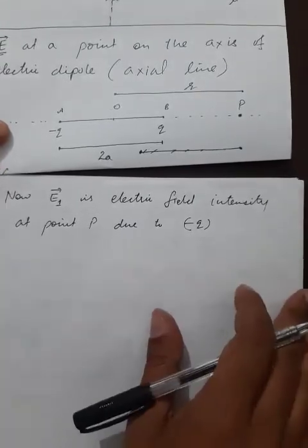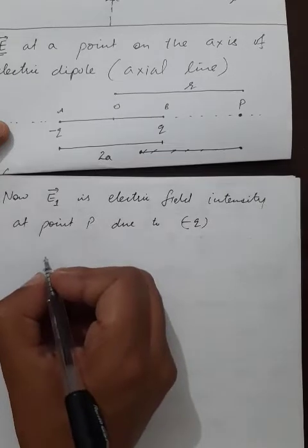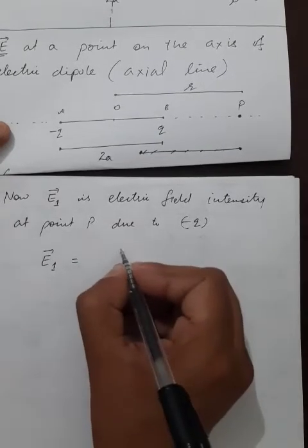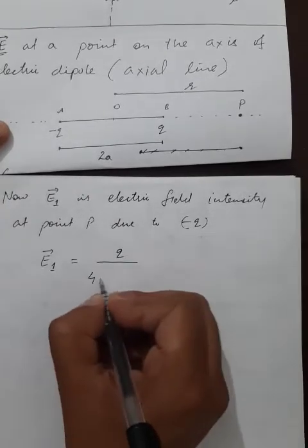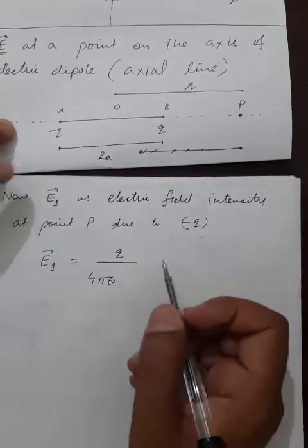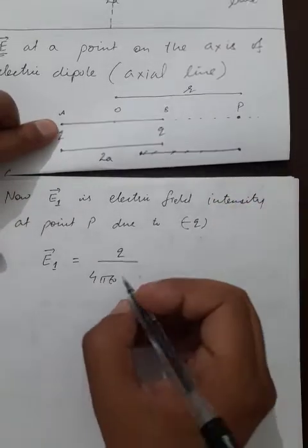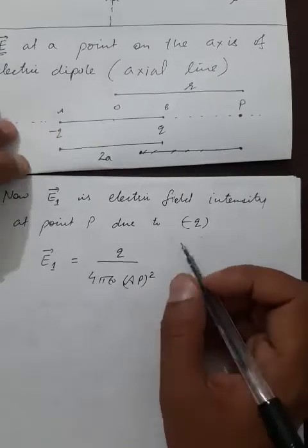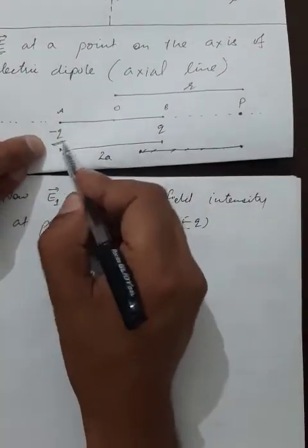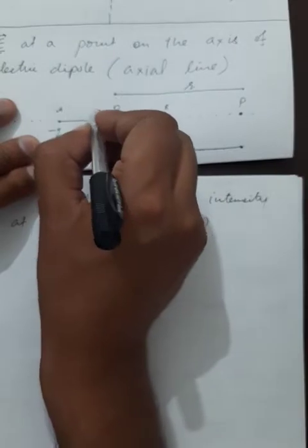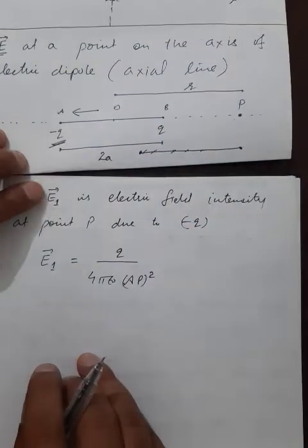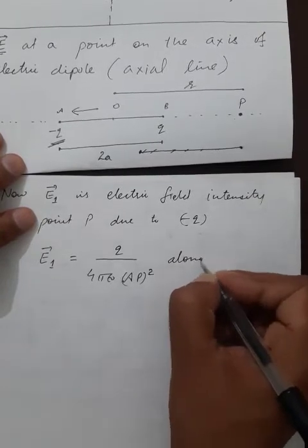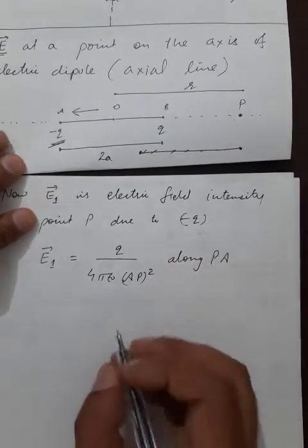So according to the relation, E vector 1 is equal to charge over 4 pi epsilon naught, and the distance of the point from the charge, that is AP square, and since it is a negative charge, the electric field intensity is toward the charge, so along PA.